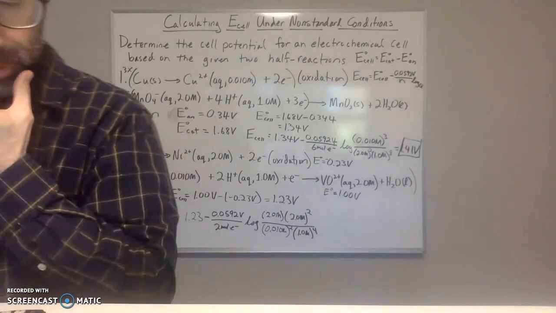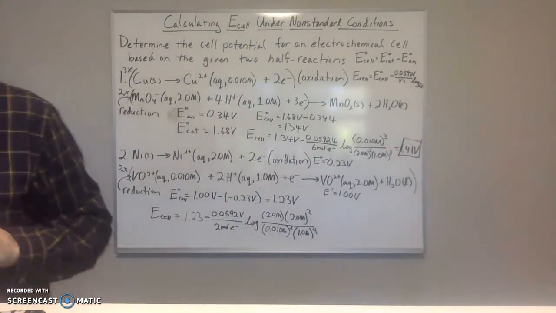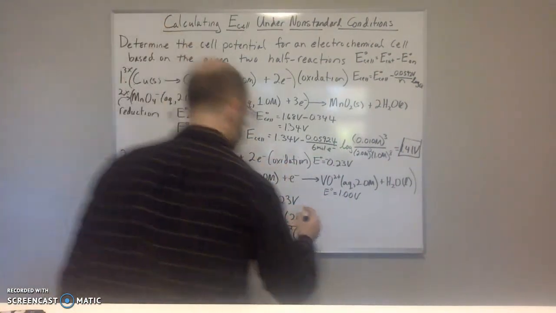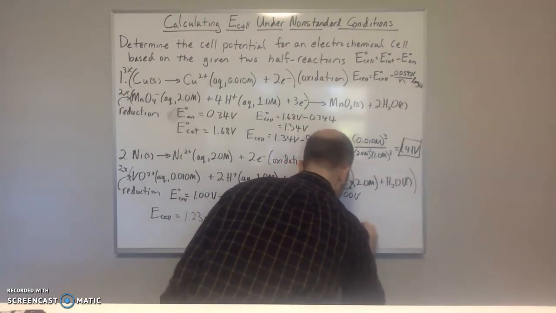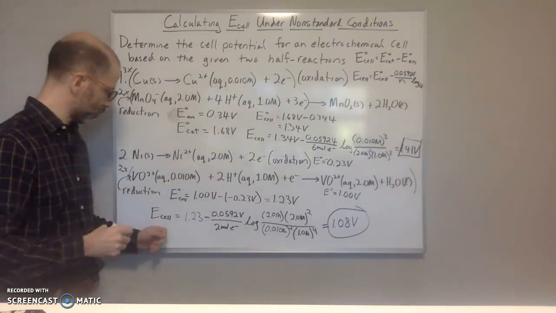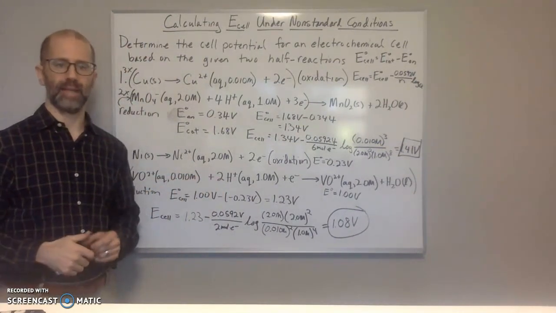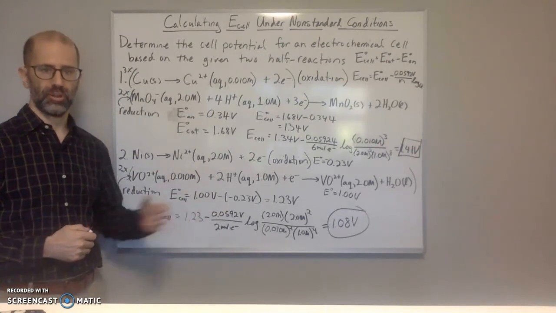And when we calculate that out, it is 1.08 volts. So we get 1.08 volts for the cell potential under non-standard conditions, under these conditions here.